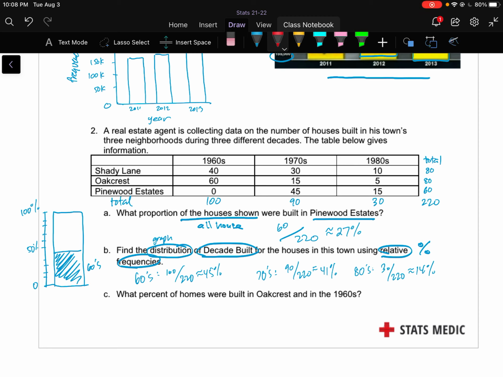Another 41%, so 45 plus another 41 should take us to about 86%. So that's in red, that's the other 41%. Those were homes built in the 70s. And then that last 14% were homes that were built in the 80s. And we can give it some labels, percentage, and then decade built.